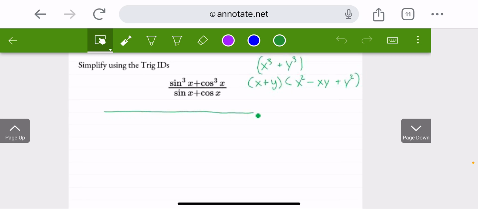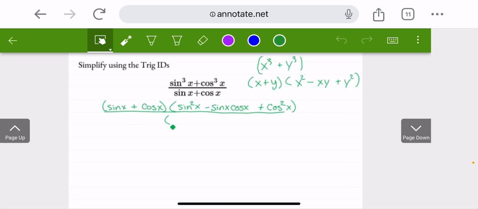I'm going to give myself a big old fraction bar. I'm taking my sine and my cosine, so it's going to be sine of x plus cosine of x, times sine squared x minus sine x cosine x plus cosine squared x.